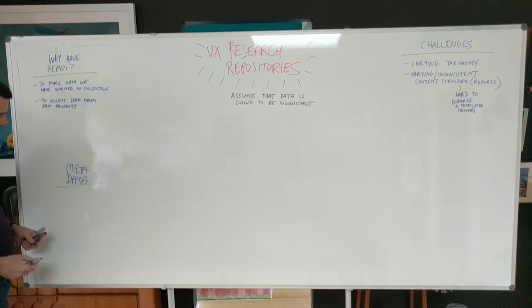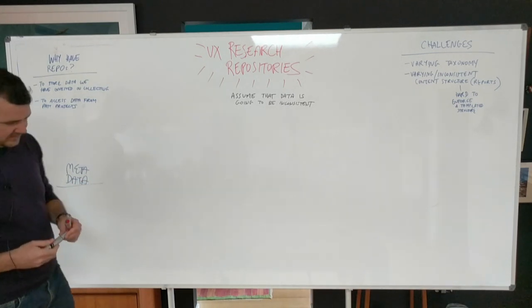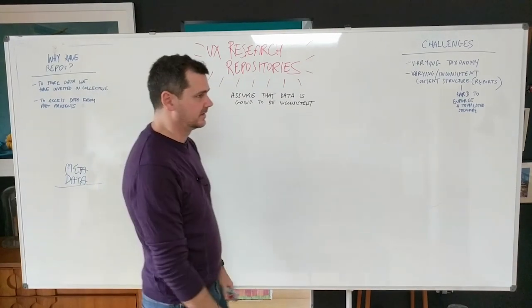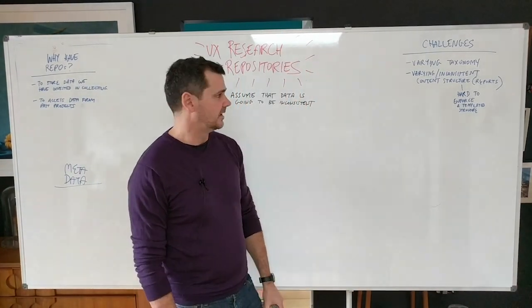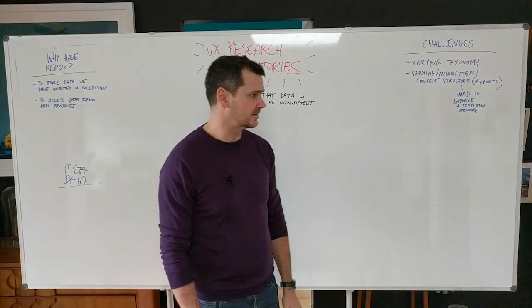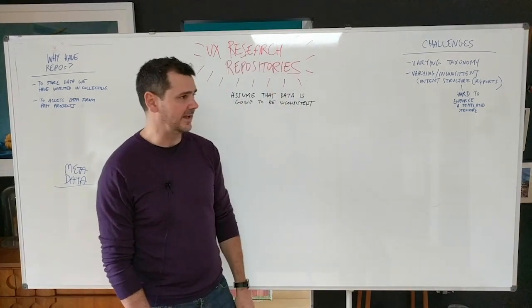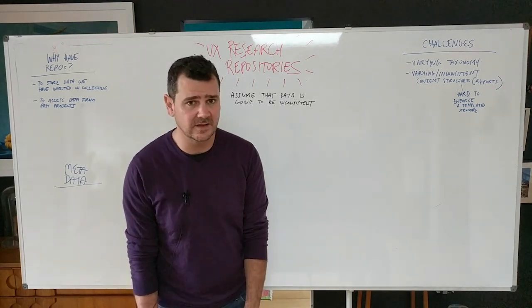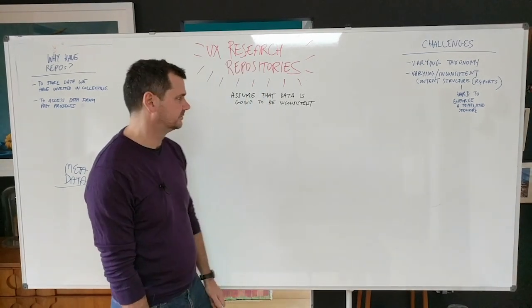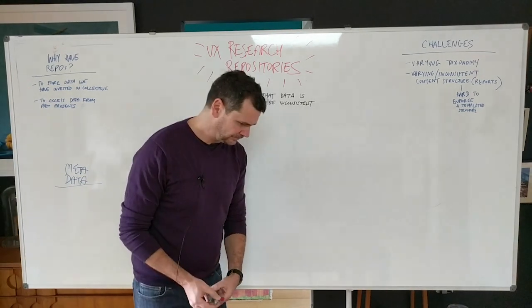Metadata is whatever supporting data would be attached to an insight or a quote or a report to give a bit more context, to allow for some automation of linking to other reports, insights, quotes.